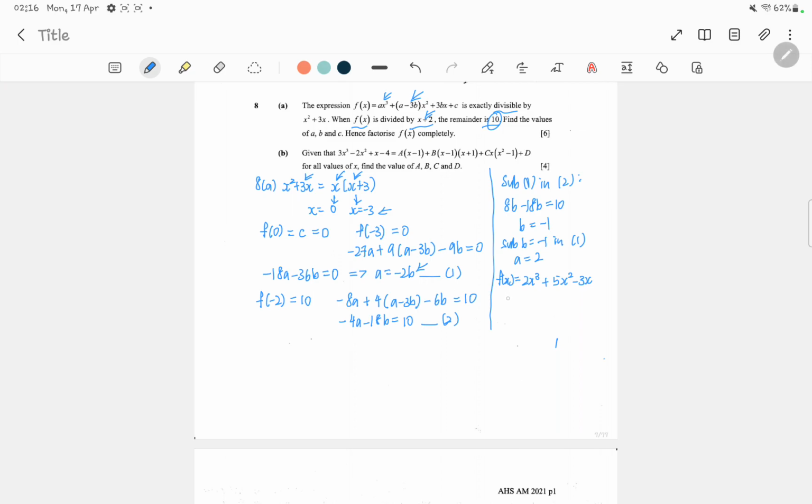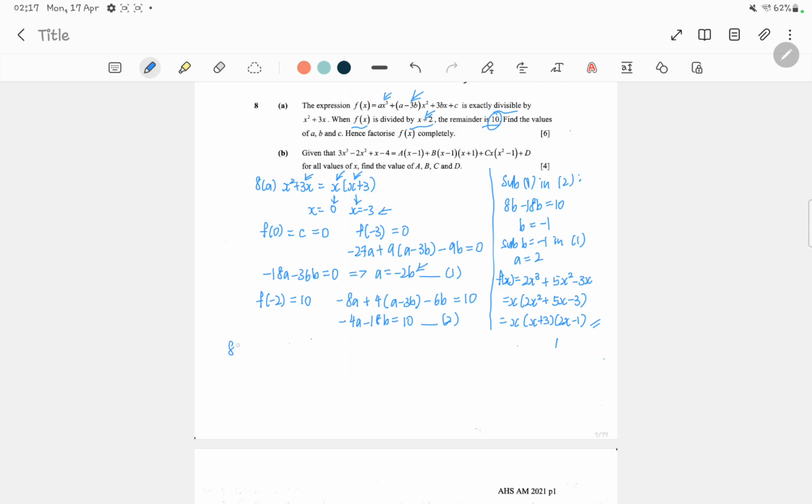Now I'm going to take out x, so we get 2x squared plus 5x minus 3. Factorizing 2x squared plus 5x minus 3, this equals (x plus 3)(2x minus 1). Let me check if it's correct. Yes, it is correct. So there we go, we are done with 8a.